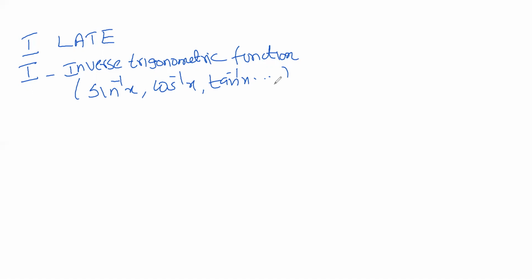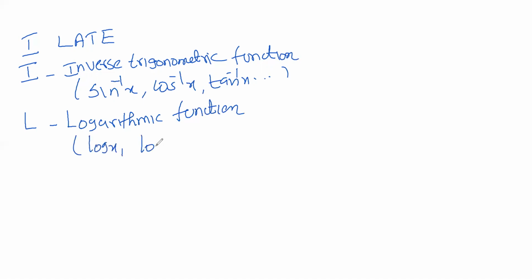L stands for logarithmic function. That is, we'll have log x, or log x the whole squared, etc. All these are known as logarithmic functions. A stands for algebraic function.